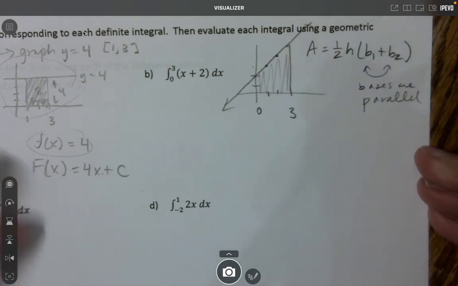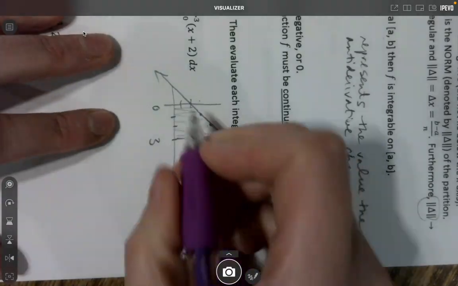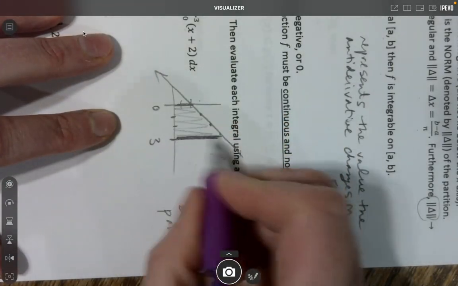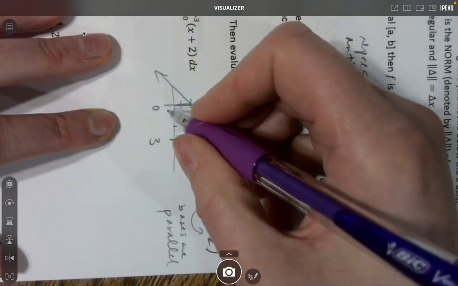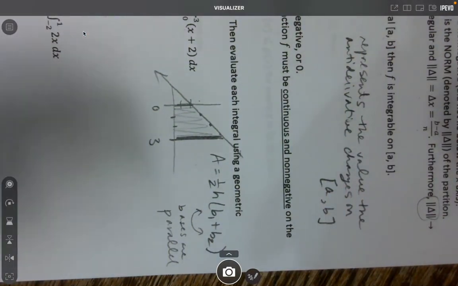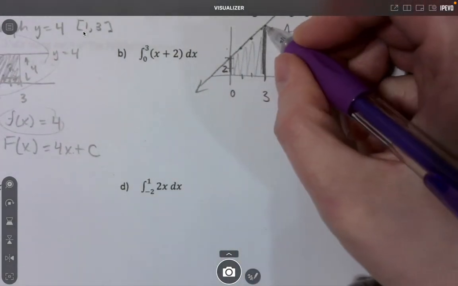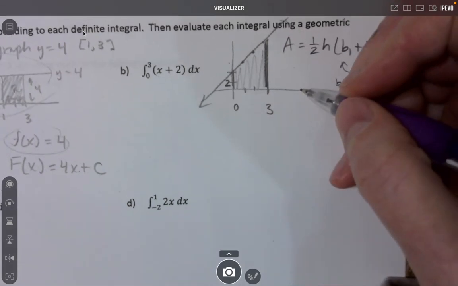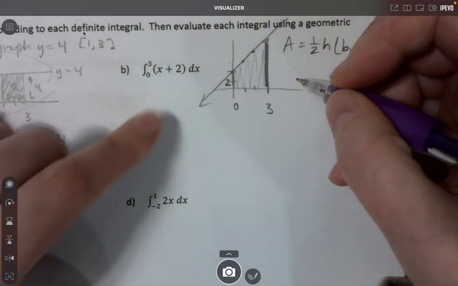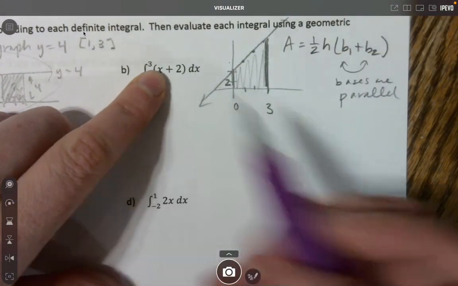So really, I'm finding it on its side, right? This is one base, this is the other base, and this would be considered my height. But it's okay. We don't need to turn our paper. We're in calculus. We can envision that. So let's look. I've got 2 on this side. I'm not sure what this side is, but I could try counting it out, or I could look at my function. If I put 3 in here, 3 plus 2 makes 5.